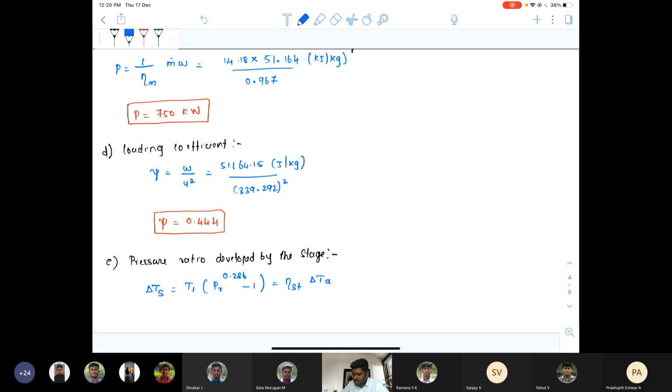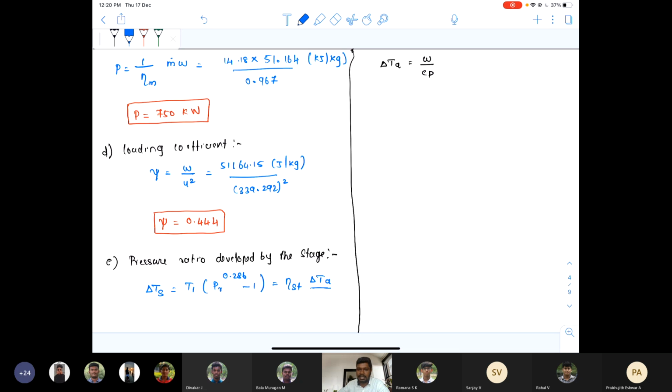Now, in this equation, you should find the value of delta TA. This value of delta TA is calculated from an equation: delta TA is equal to W by Cp, that is, the stage temperature rise.